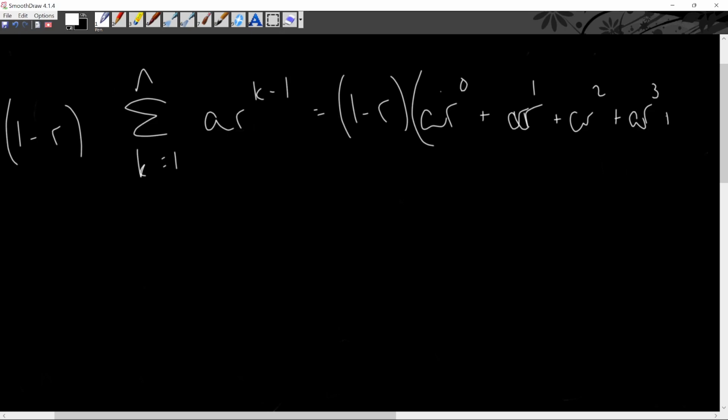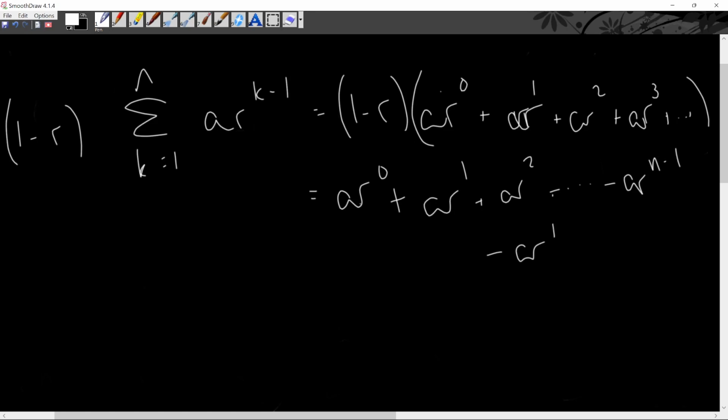And this is going to be equal to ar to the 0 plus ar to the 1 plus ar squared, and then on until you get to ar to the n minus 1, minus ar to the 1 minus ar squared, and on until you get to minus ar to the n.